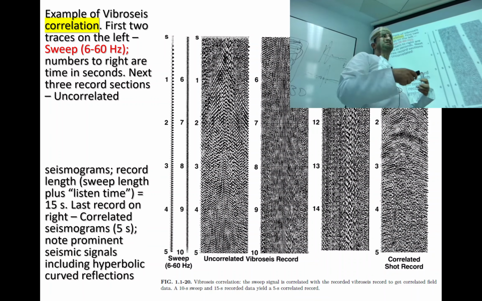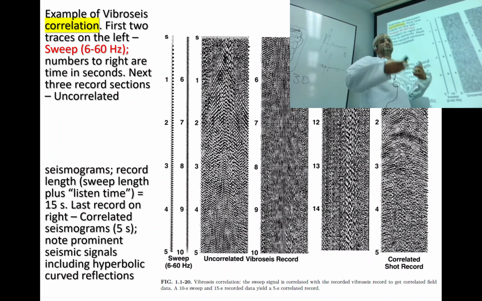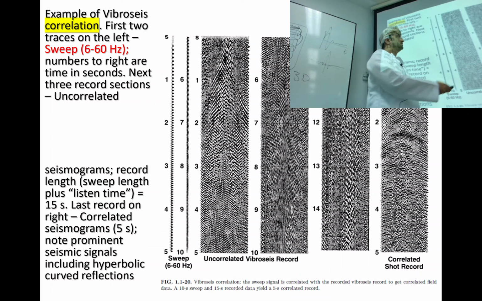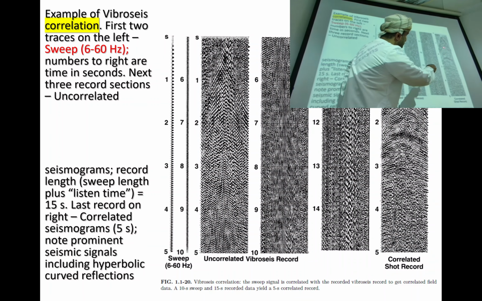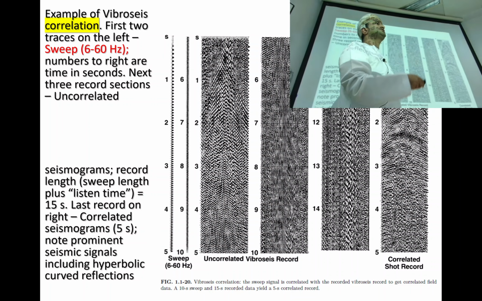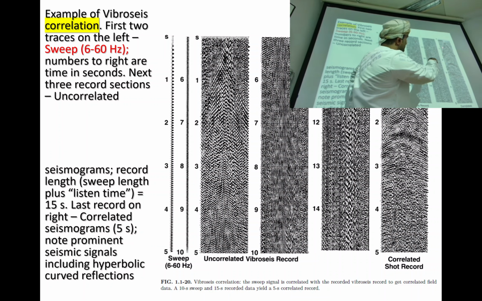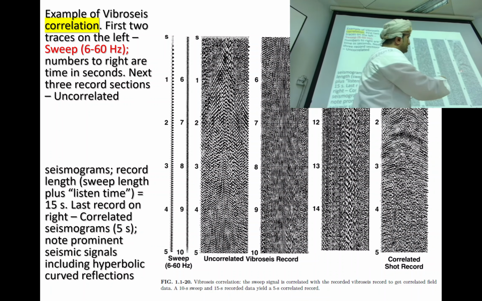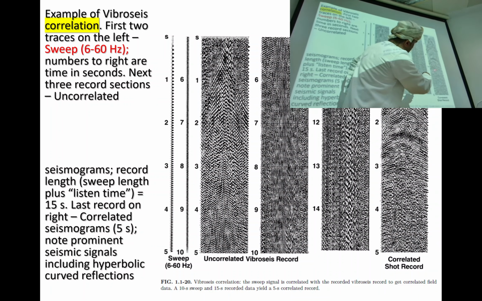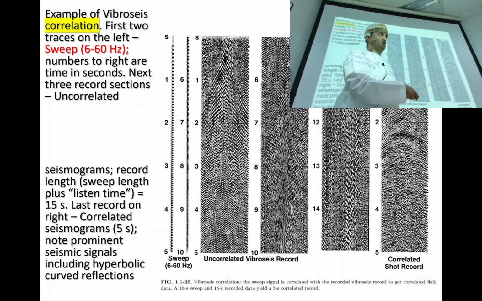So back to the question you asked, how can I discern whether this energy is reflection or refraction. You see these hyperbolas? What are they? Reflections. What is this energy here? Refracted energy. What is this energy down inside? That's ground roll, that's surface wave, noise.